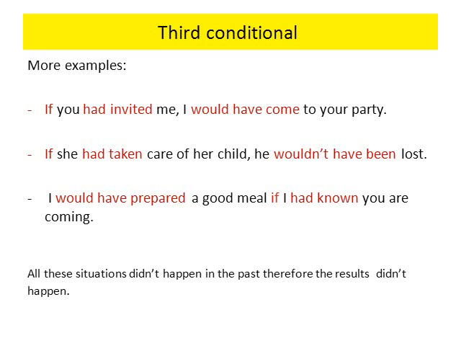If she had taken care of her child, he wouldn't have been lost. She didn't take care of her child, he was lost. I would have prepared a good meal if I had known you were coming. I didn't know you were coming, so I didn't prepare a good meal. All this situation didn't happen in the past, therefore the result didn't happen.